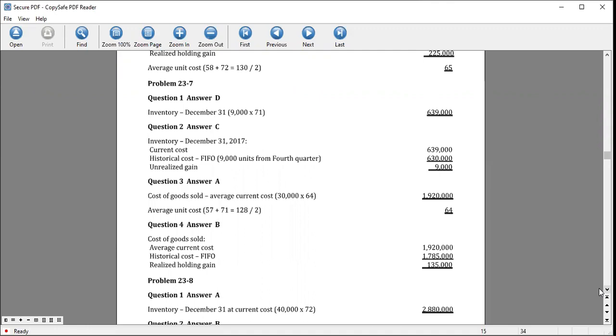So we have 135,000, and the average current cost is 1,920,000 as computed in number 3. And in number 4, we have the historical cost by using FIFO of 1,785,000.